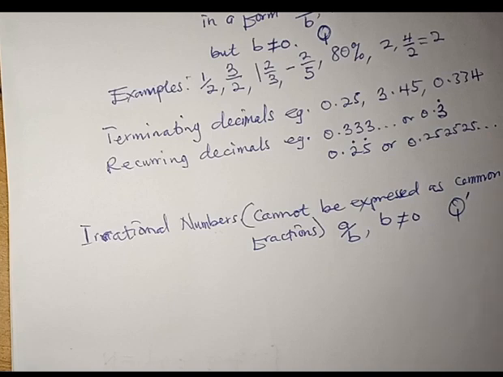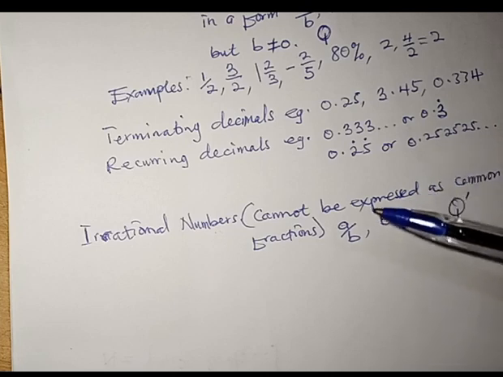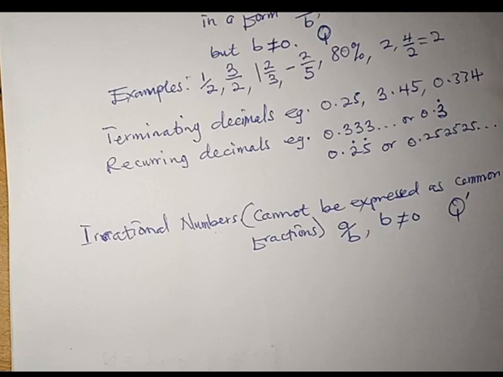In some books, you may see I, others even use H, provided they are defined as irrational numbers. But in my case, I'm using Q prime because of the definition. We are saying it is opposite to rational numbers, and we use Q. So if it is opposite, then I'm using the prime, the negation part. Okay, all right, great. Let's continue.